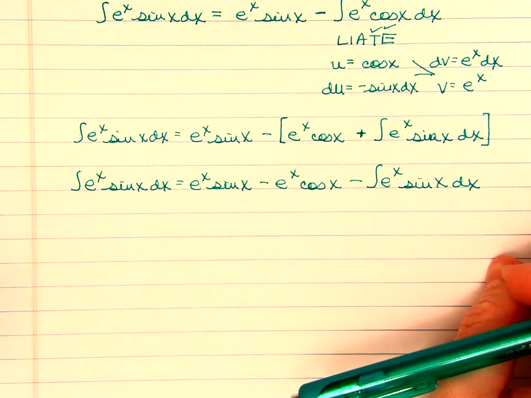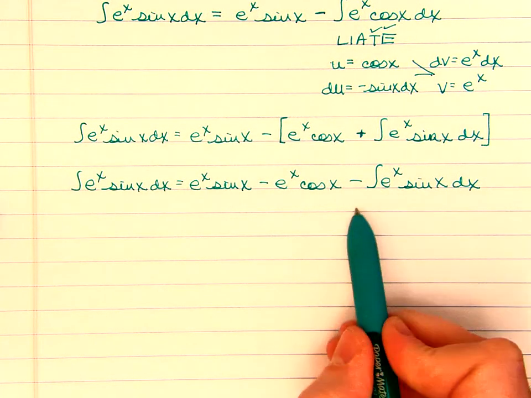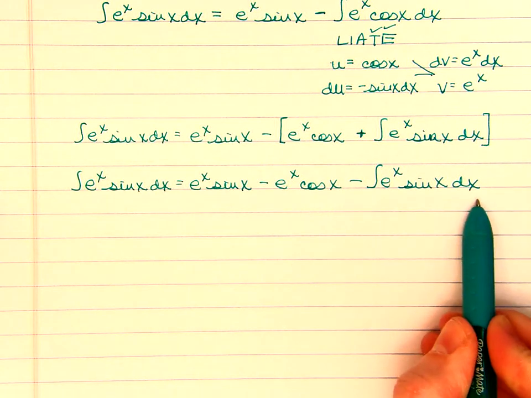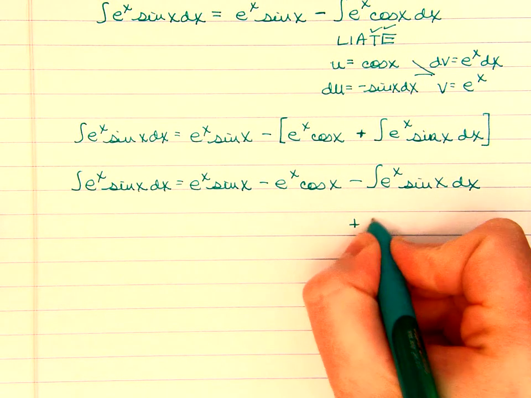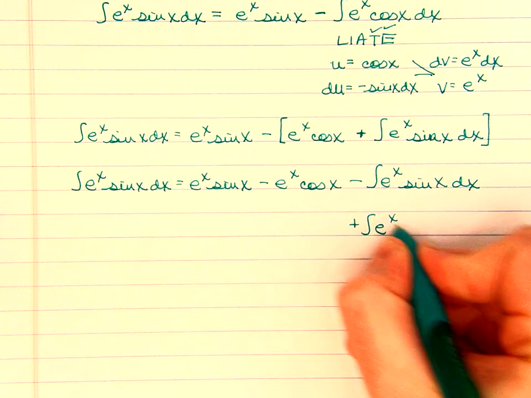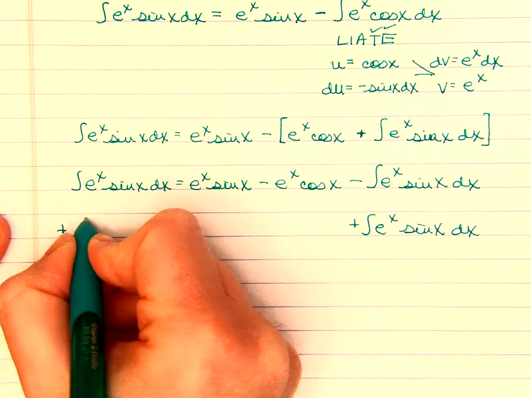However, there's a way to get around this problem. I'm going to use a little bit of algebra, and I'm going to move this integral from the right side to the left side. I'm going to add the integral of e to the x sine x dx to both sides.